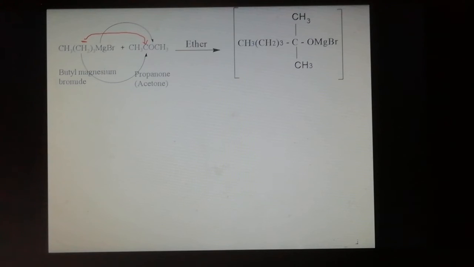The nucleophile attacks the carbonyl carbon to form an intermediate compound, followed by acid hydrolysis to form a product.